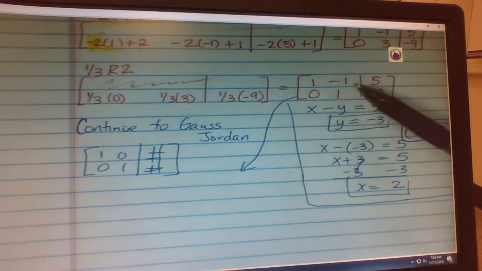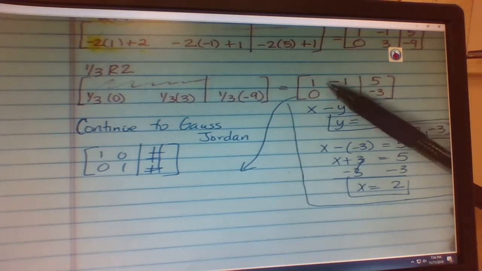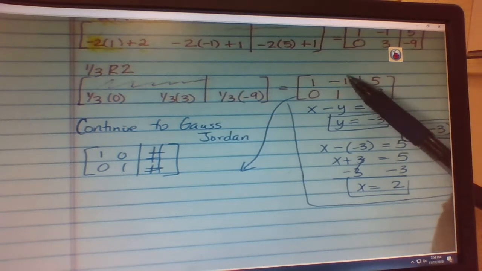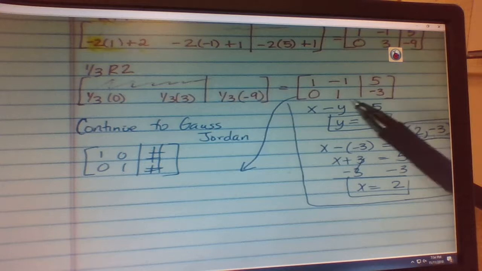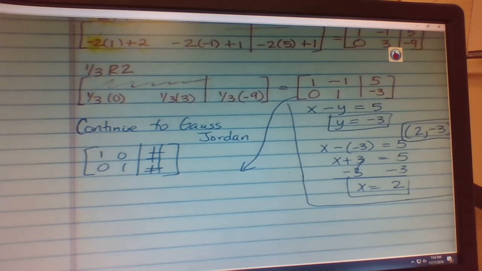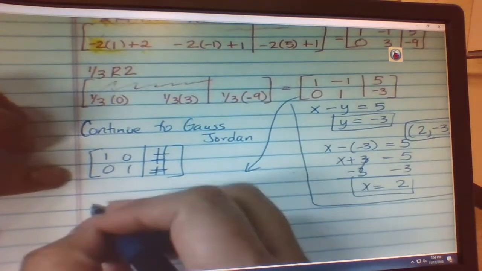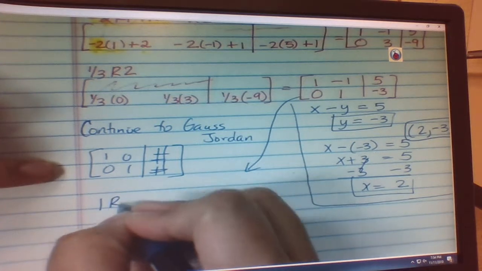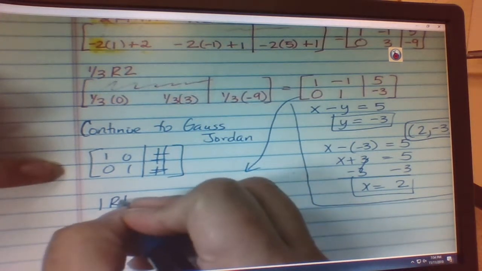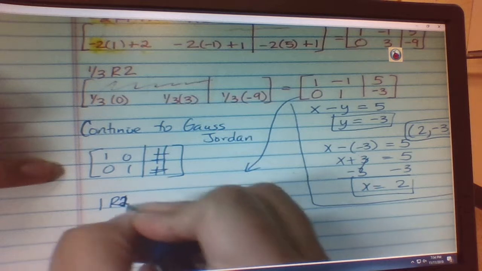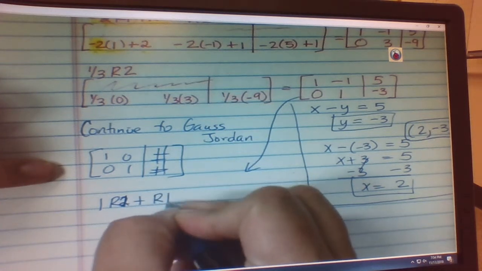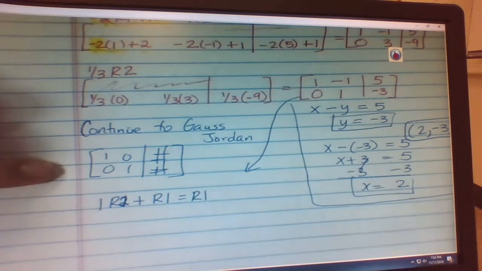A zero up here, correct? Now, what do I have to add to this to make it a 0? A 1. So it is going to be 1 times row 2 plus row 1 is going to give me my new row 1.